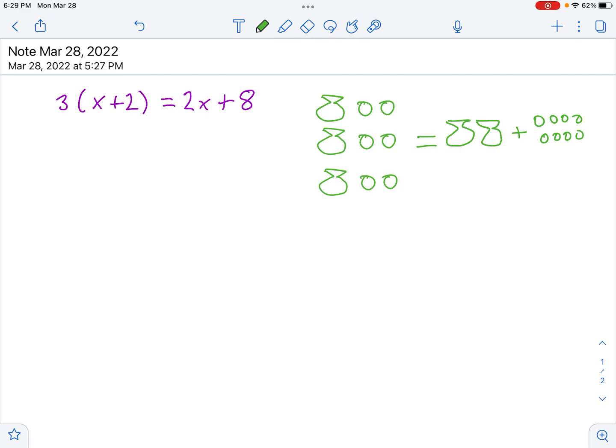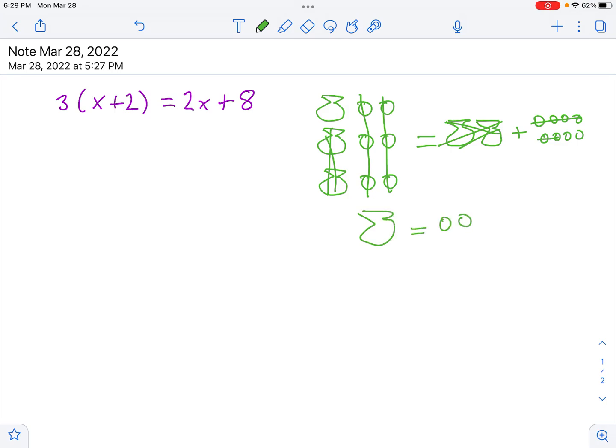We solve that by getting rid of 2 of the pouches. So now we have just 1 pouch, and 6 coins equals 8 coins, and we can get rid of these 6 coins. 1, 2, 3, and we get 1 pouch equals 2 coins.